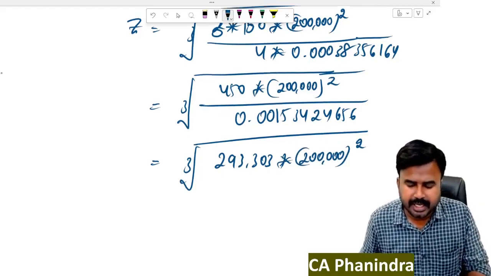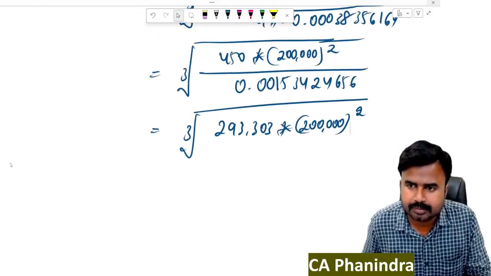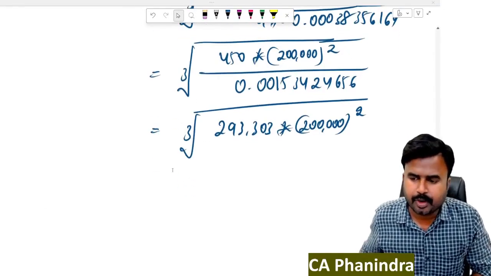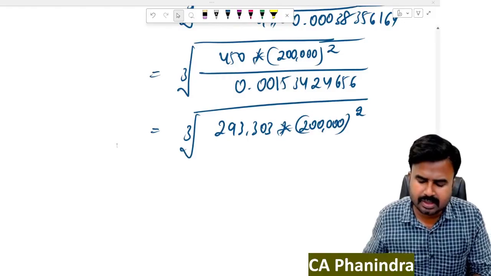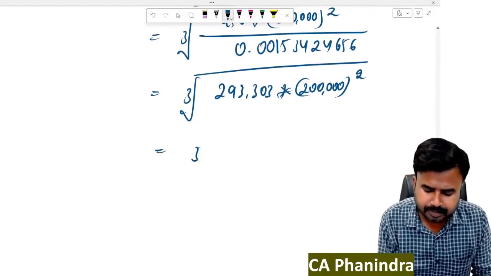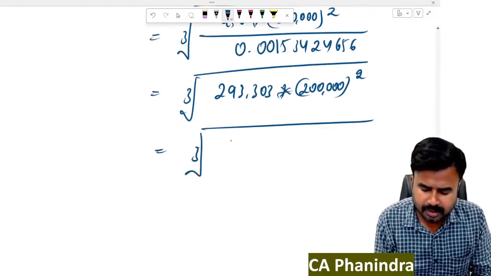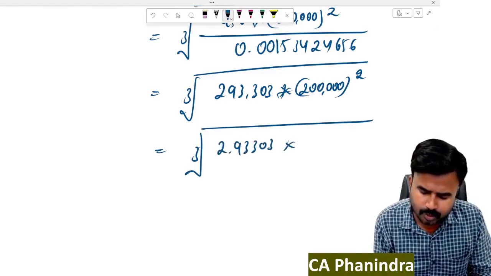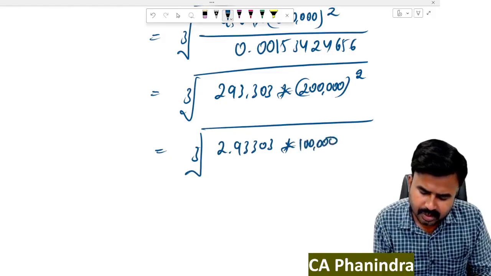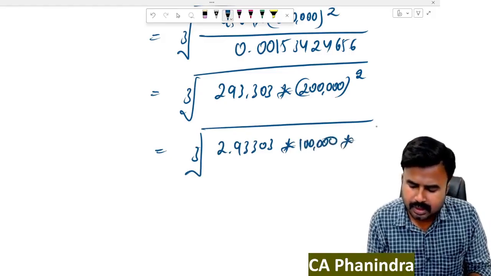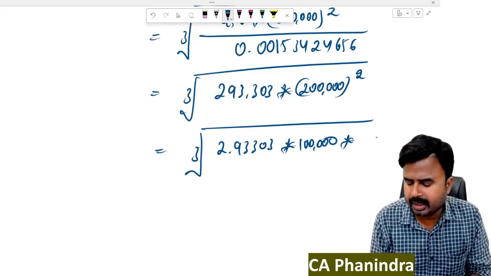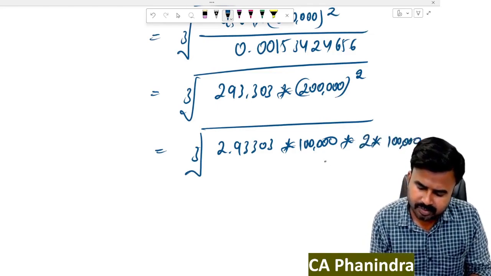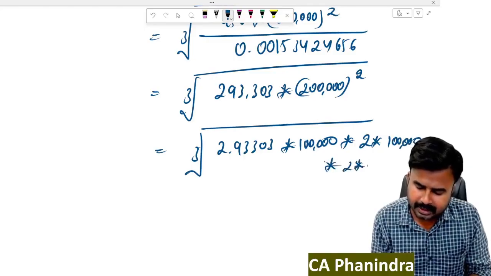From this term, I need to calculate the cube root. It's pure mathematics, so you should try to solve this. Let me do it in my own way. I can write this number as 2.93303 into 1 lakh, and this 2 lakh square can be written as 2 into 1 lakh and 2 into 1 lakh.